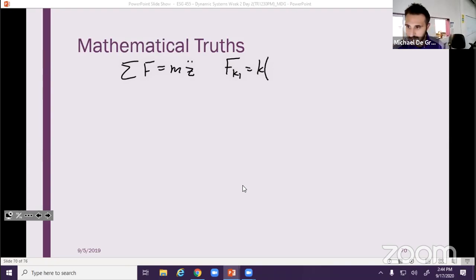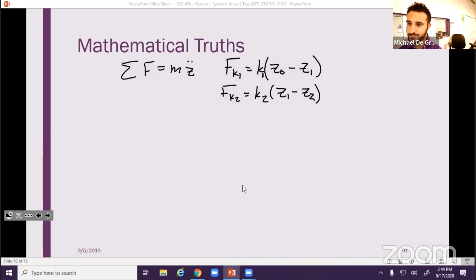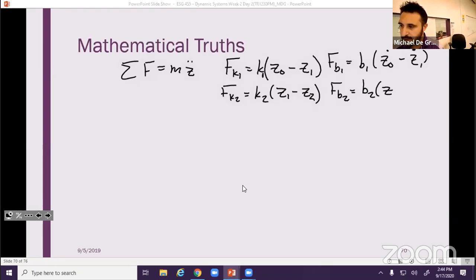So FK1 is going to be K1 times (Z0 minus Z1). FK2 will be K2 times (Z1 minus Z2). FB1 is B1 times (Z dot 0 minus Z dot 1). And FB2 is B2 times (Z dot 1 minus Z dot 2).